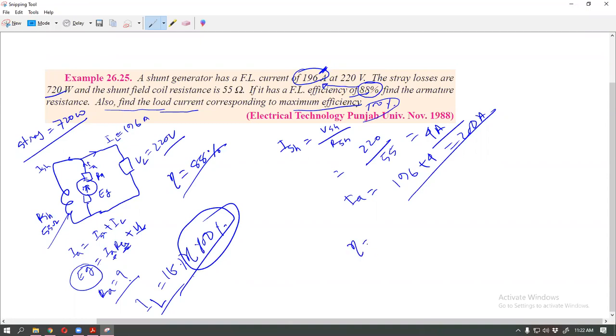You know that efficiency is equal to output by input times 100. So input is equal to output by efficiency.